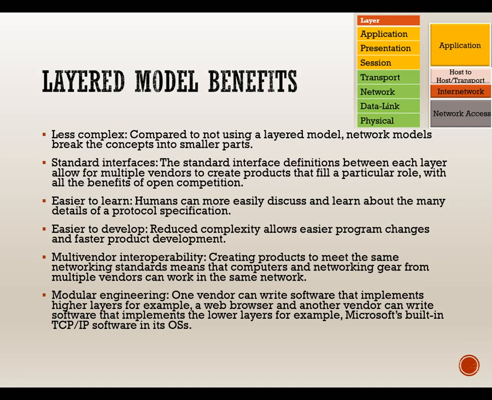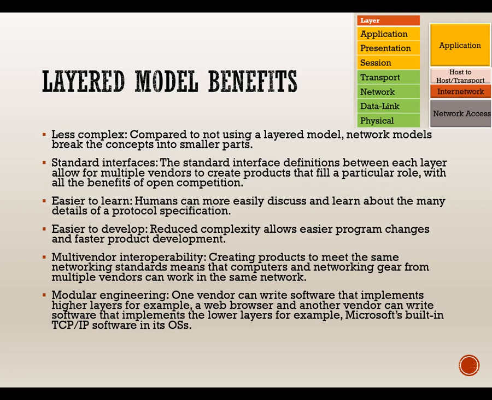It's easier to develop: reduced complexity allows easier program changes and faster product development. Right now we're in a transition period between IP version 4 and IP version 6. The layered model allows us to do that without changing everything else that goes on in there.